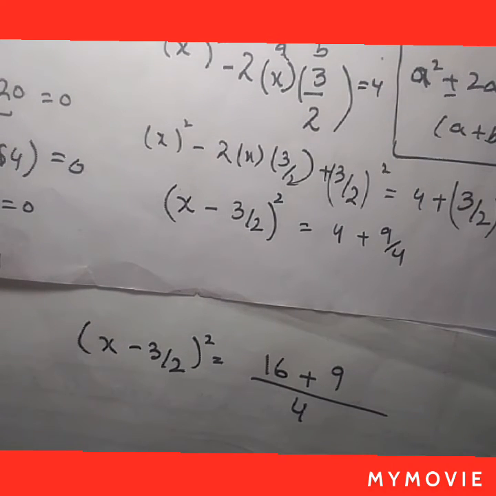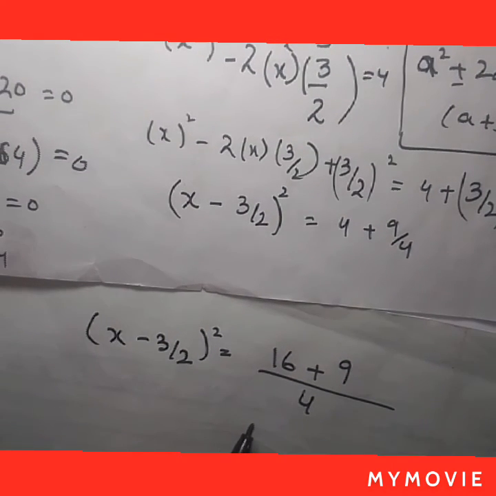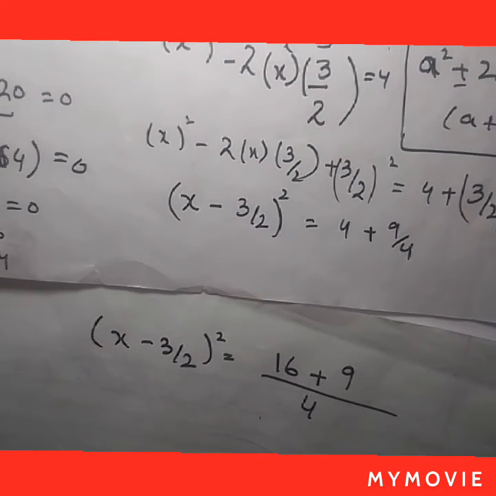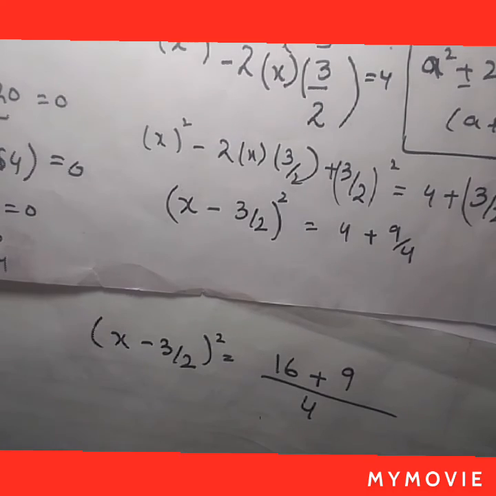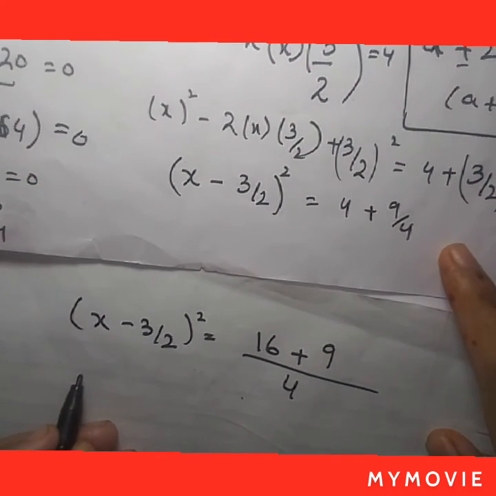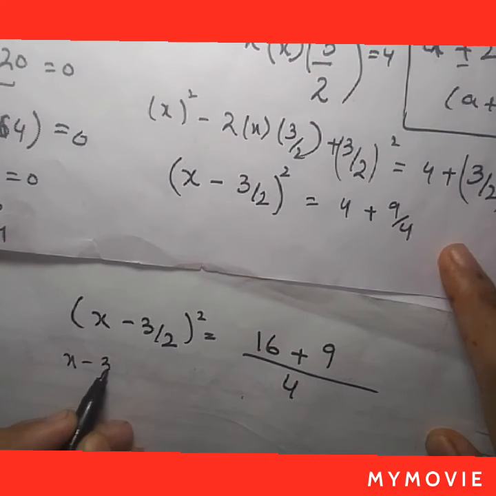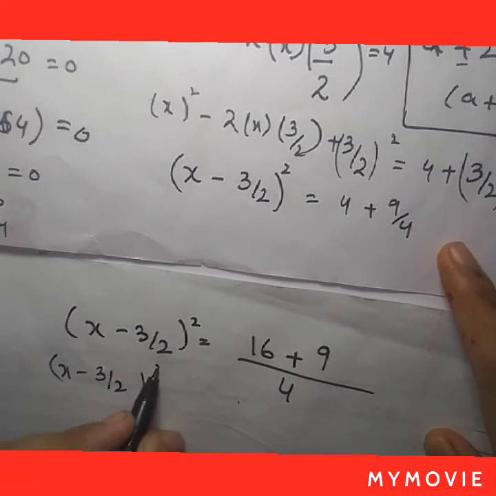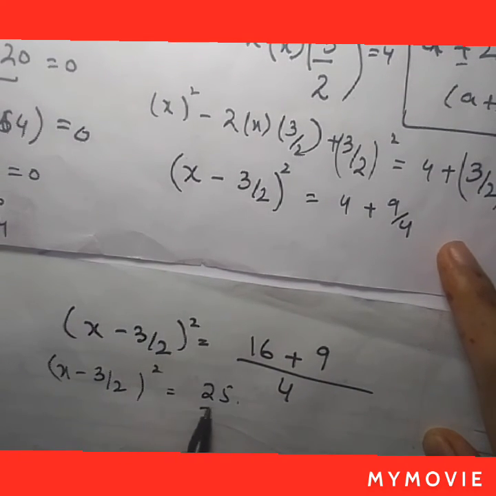If you get any difficulty in LCM, go to my channel, and if you are new to my channel, you can search LCM by Simplicity in Education on YouTube. Now add it: (x minus 3 by 2) square equals 25 by 4.